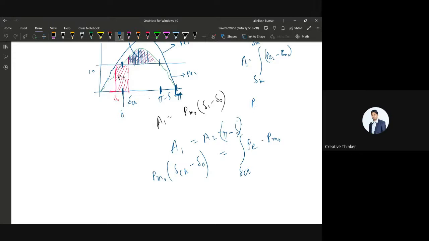Now you see, when you try to solve these equations, I will request you to first try these questions and solve this equation.